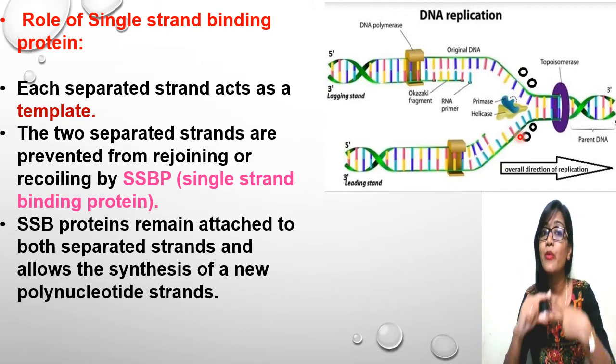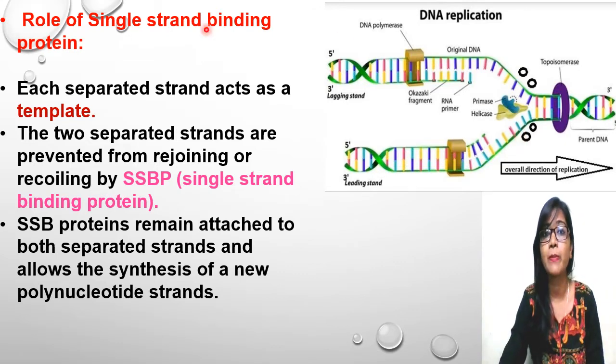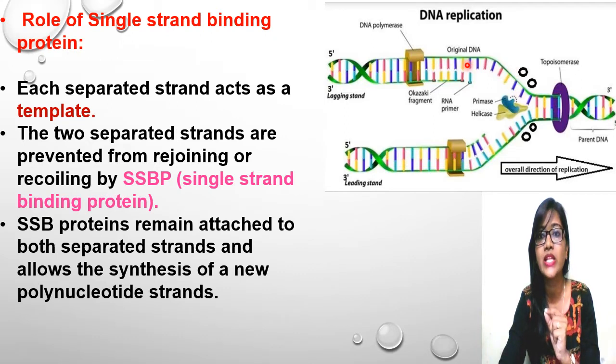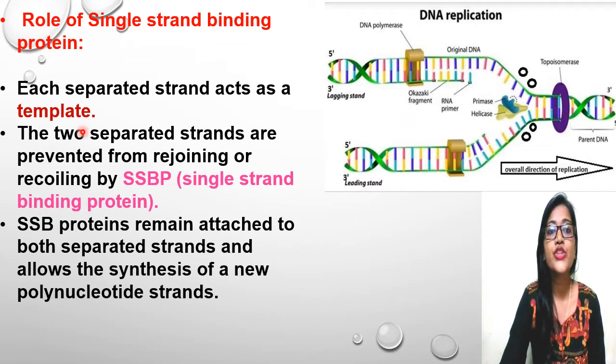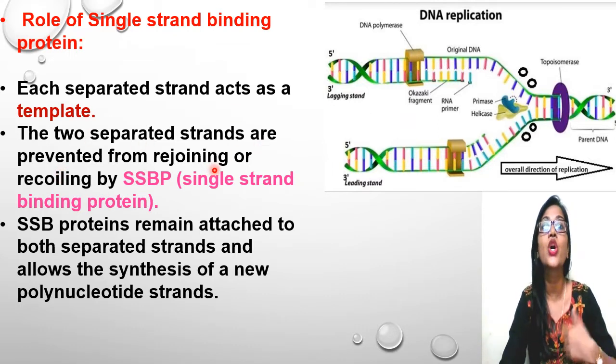So what is the importance of the single strand binding protein? Now see, these are the single strand binding proteins. Each separated strand acts as a template. This is one template and this is another template. These two strands are separated and they are acting as separate templates. The two separated strands are prevented from rejoining or recoiling.